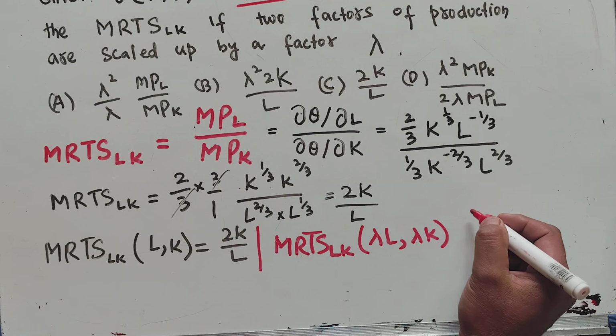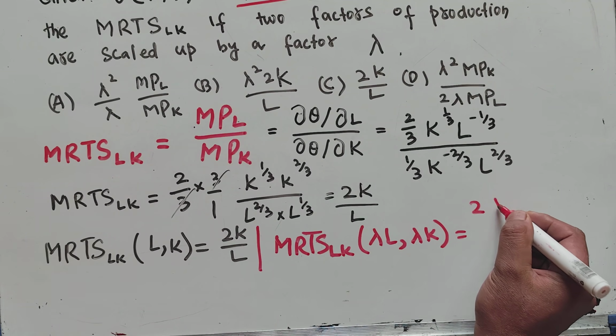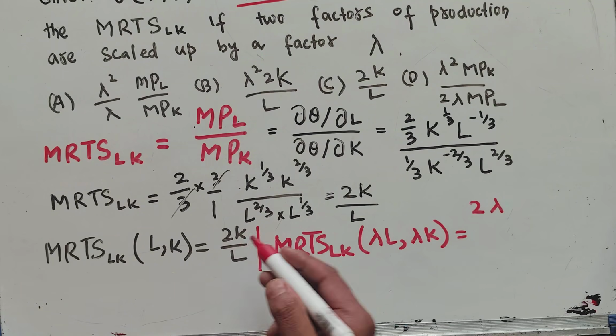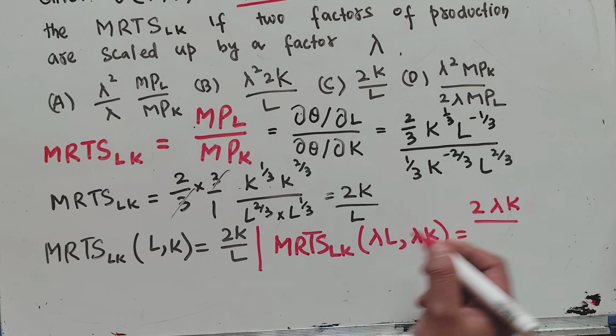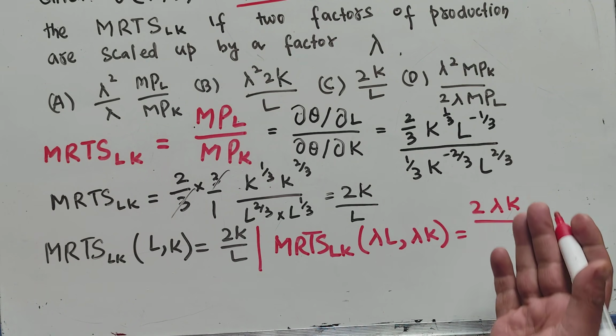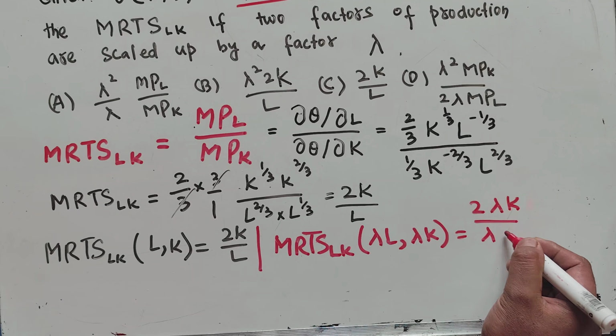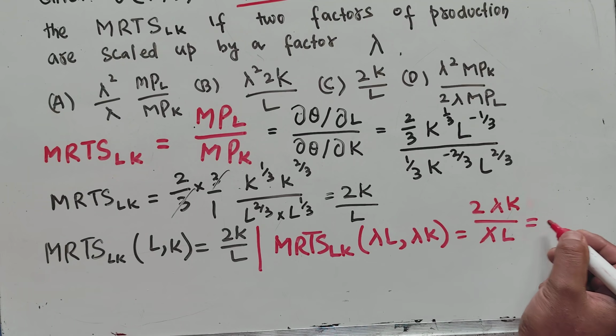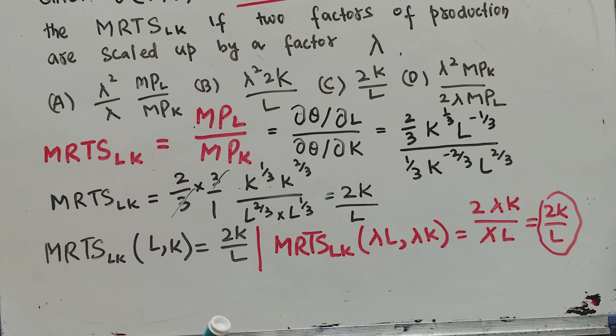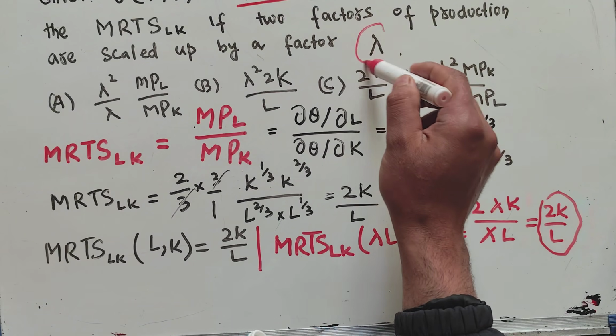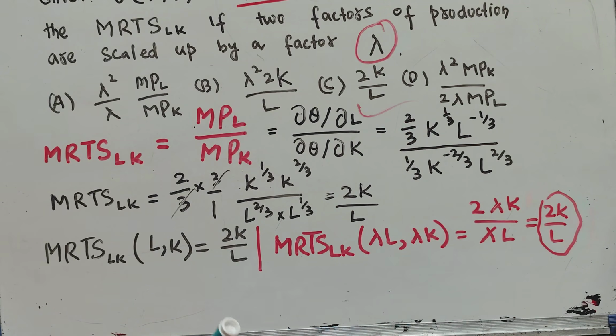Plug in here: we have 2 times lambda K in place of K, and in place of L we are scaling up both labor and capital, so lambda L. So lambda gets cancelled, again we are left with 2K/L. That means this will be our marginal rate of technical substitution if we scale up both the factors by a factor lambda. So the correct option should be option C in this case.